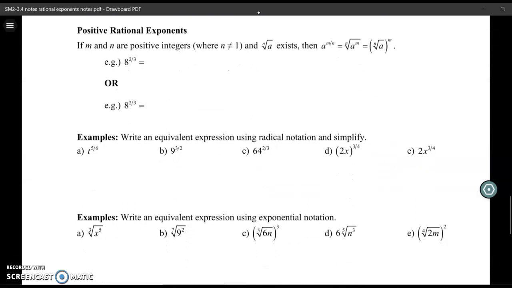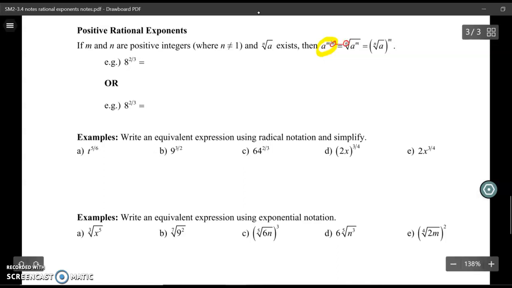Okay, now we're going to get a little tricky on you. Sometimes we are going to have exponents inside of radicals. Okay? And if that's the case, let's talk about the fraction version of it first, I guess. So say I have a raised to the m over n power. Then I can convert that to a radical, and the bottom of my fraction is still going to be the index.